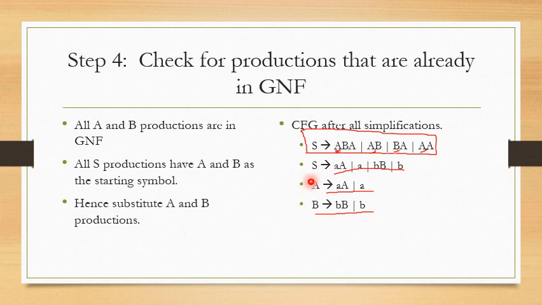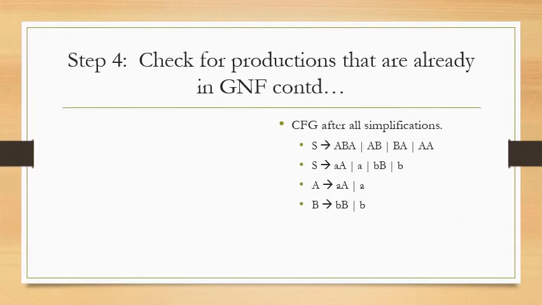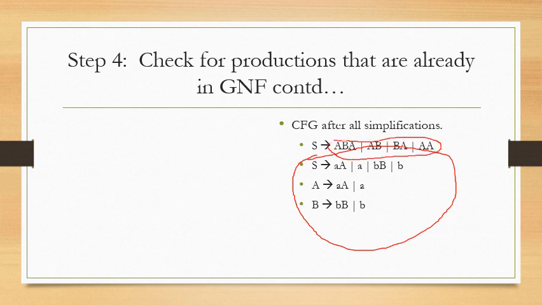Hence, we substitute the productions of A and B. With this simplified grammar, all these productions are already in GNF. The remaining productions, for S, are these 4 productions, and these 4 should be converted to GNF form.